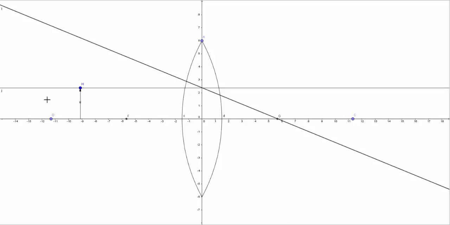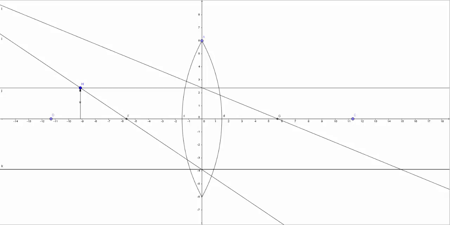Similarly, a ray of light that goes through the focus is going to get refracted to become parallel with the x-axis, and that's what you can see right here. What you've seen is that I now have two rays of light, one that goes to the focus, just like in mirrors, and one that goes parallel to the axis of the lens.